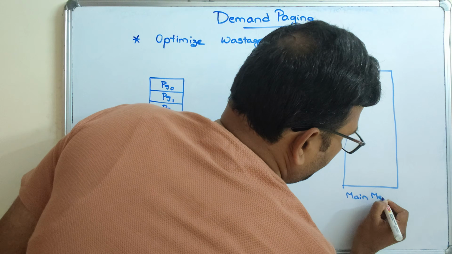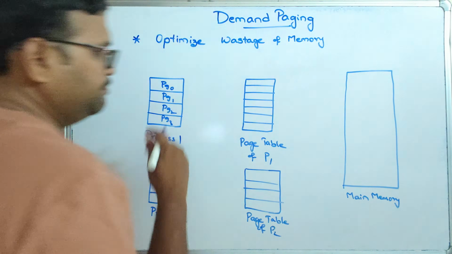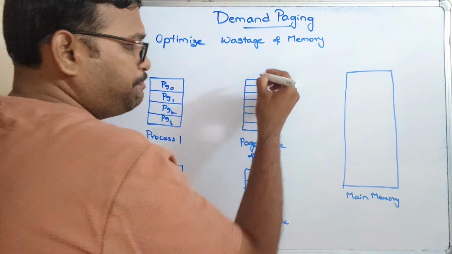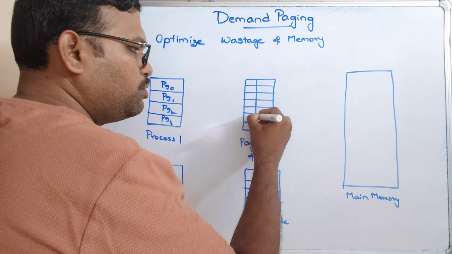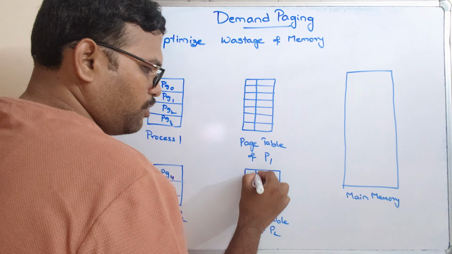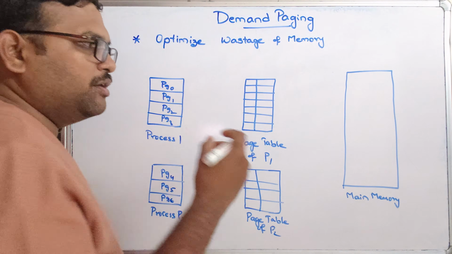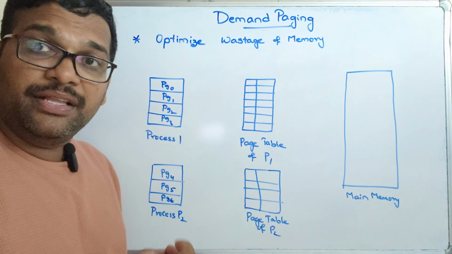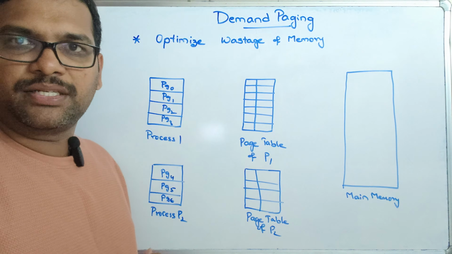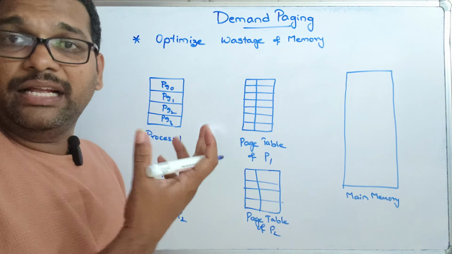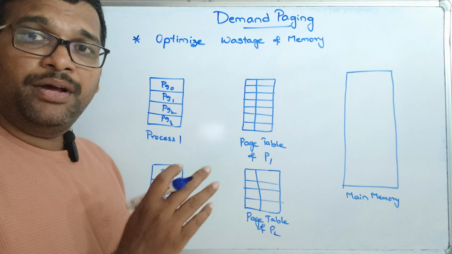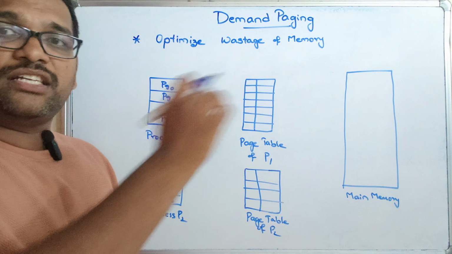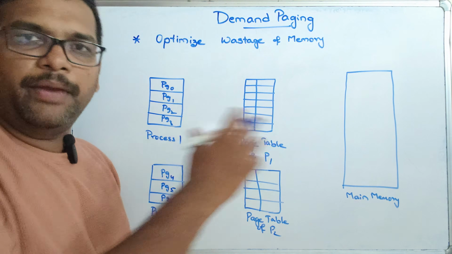This is the main memory. This particular page table will be divided into 2 columns. We know that the page table will have the corresponding frame numbers, which we studied in our earlier sessions. The page table will have a frame number which points towards a location in the primary memory, or main memory.